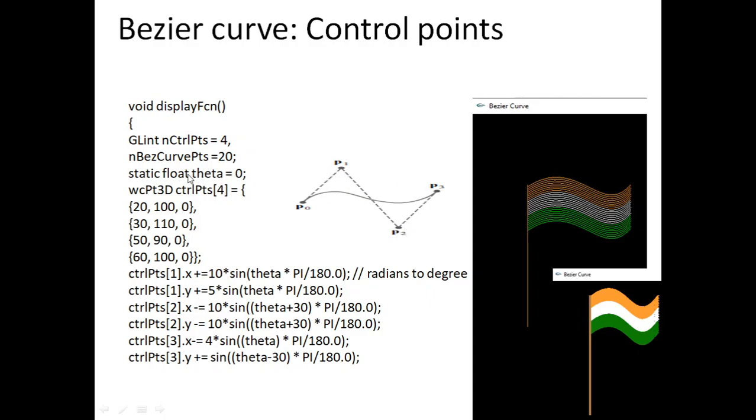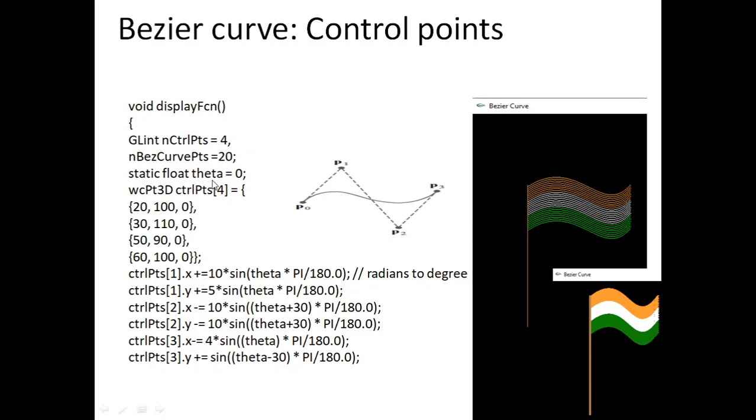In our lab program we have 4 control points, declared here as n control points. How many points are used to draw this curve? You have one first point and one last point. In between, how many points you are going to use, that you can define. Here we have defined as 20. So this curve has 20 points.